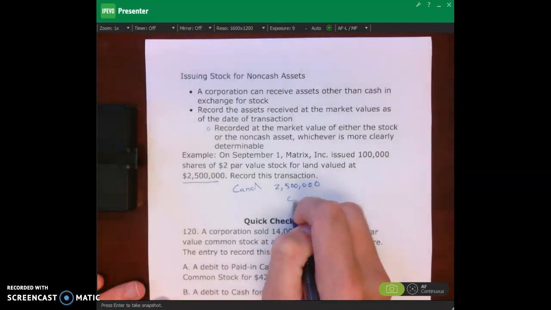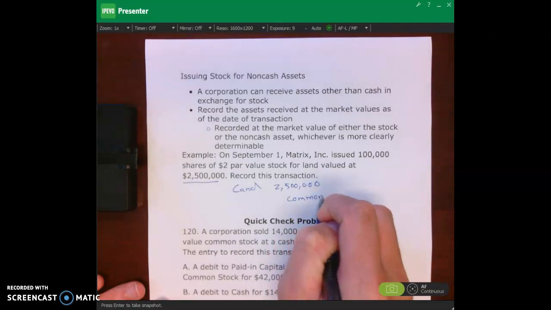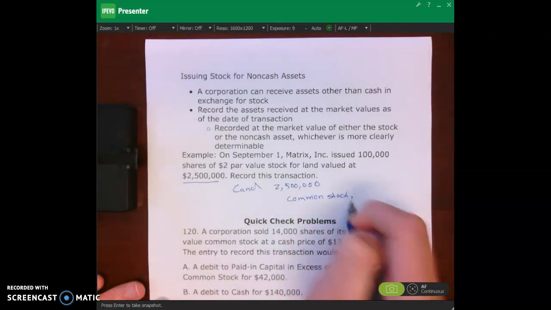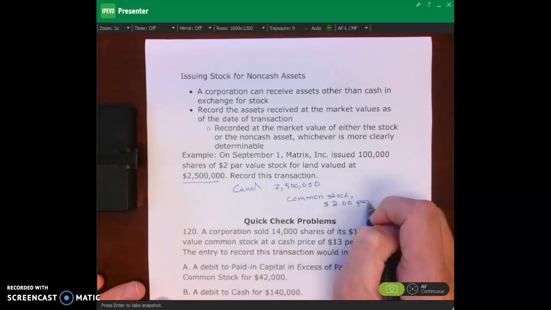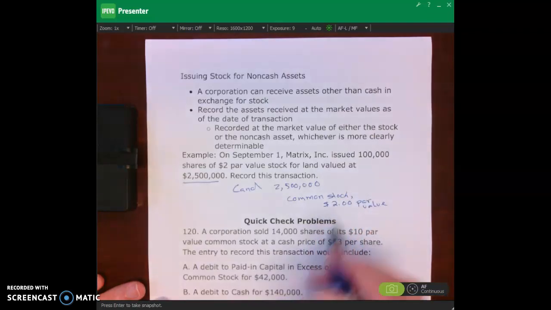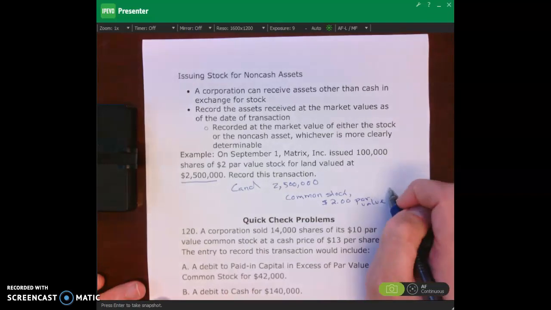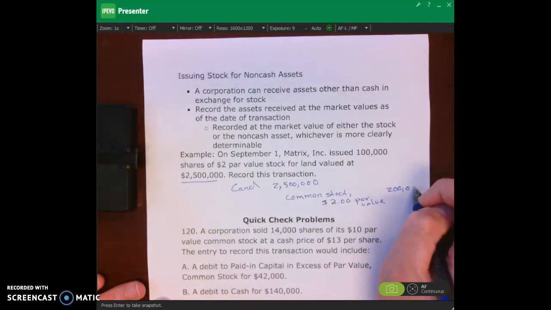We credit our equity account, common stock, $2 par value for 100,000 times the 2, or 200,000.